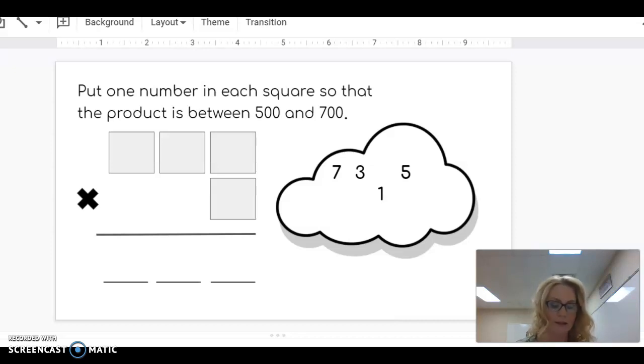That only leaves us the numbers 3 and 7 for the tens and the ones column.